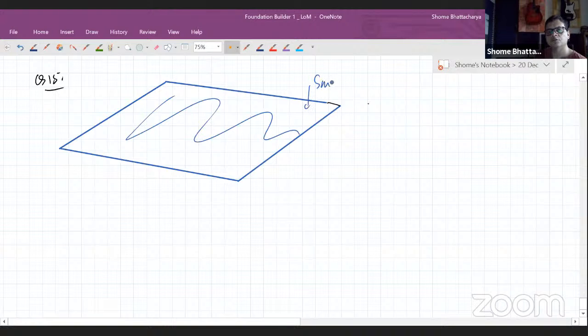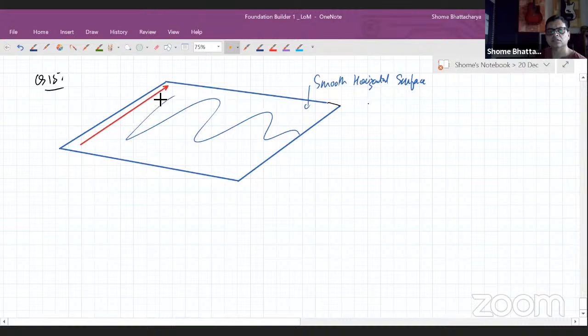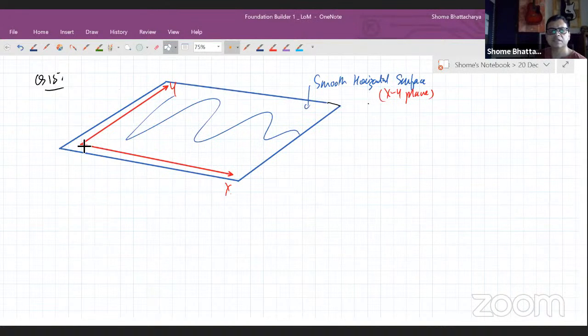This is your smooth horizontal surface, and the xy plane is lying in that smooth horizontal surface only. We have defined our x and y axes like this. So the xy plane is the smooth horizontal surface, and obviously the vertical axis is nothing but the z axis.